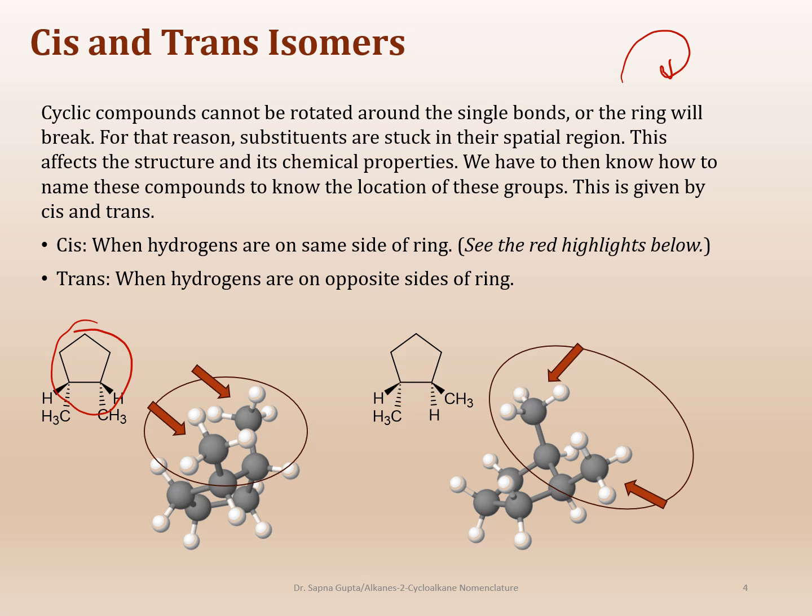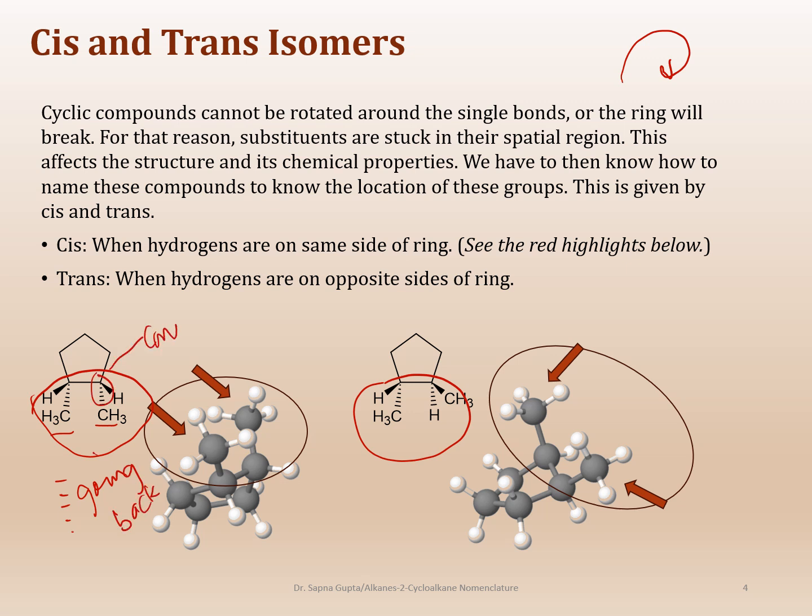So if you can't rotate it, it means what? That the groups that you have on here are stuck the way they are. I hope you form a model and you see this: when you have two of the methyl groups going in the same direction, and this dash line means going back, and the wedges mean coming to the front, out of the plane.